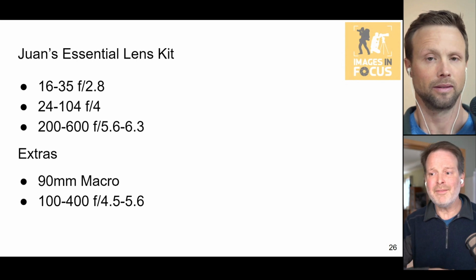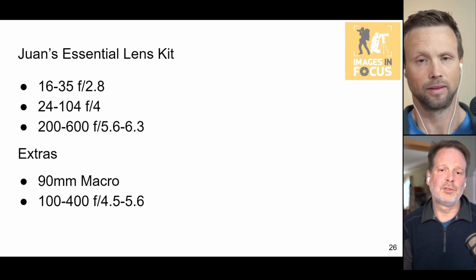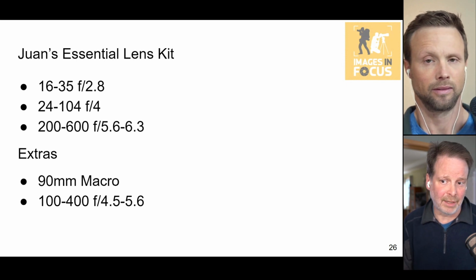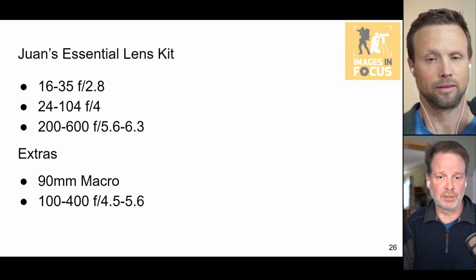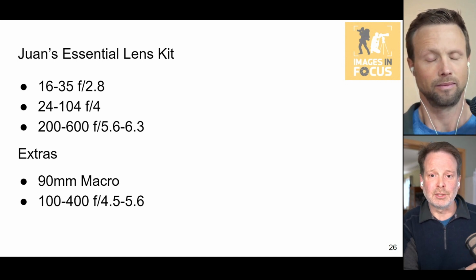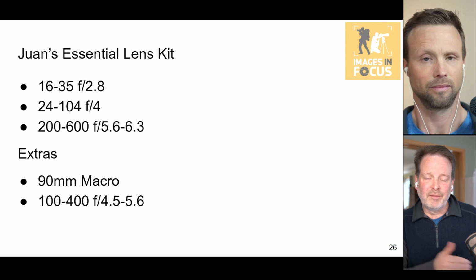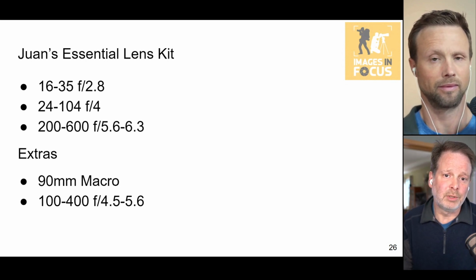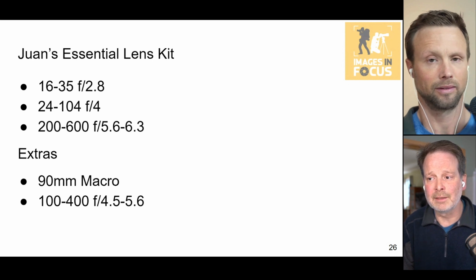And if I'm in a situation where I think I may want that range, I will use one of my extra lenses that I may bring for those occasions, like the 100 to 400. That will give me a little bit more of that range that I may be missing by not using the 200 to 600.